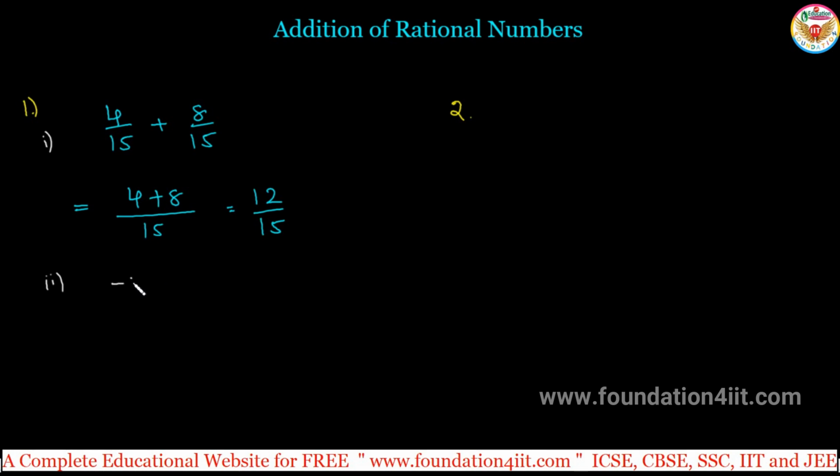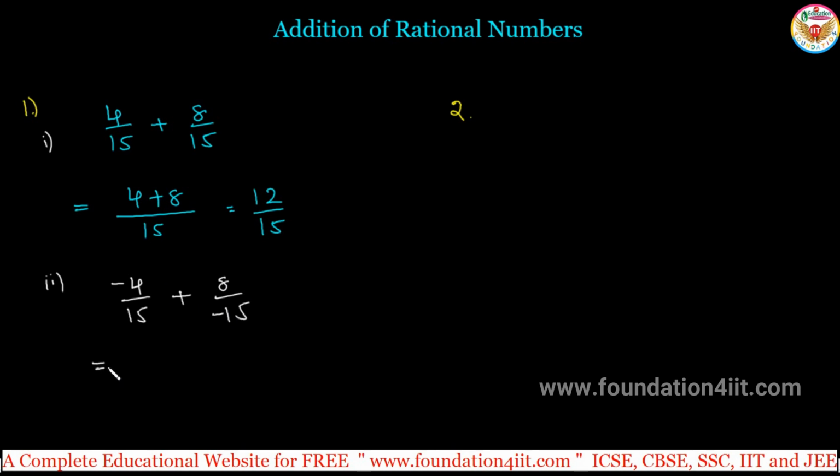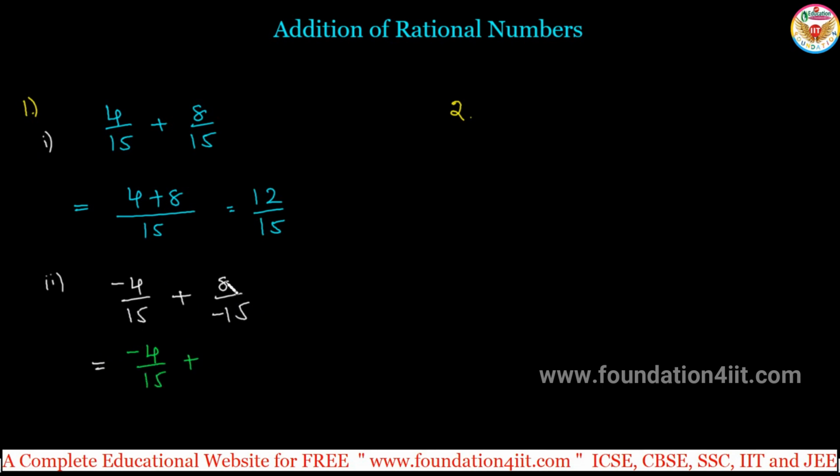And one more, not only positive, even negative also. Like negative 4 by 15 plus 8 by negative 15. So this we can make into same denominator. That means already it's same. 8 by negative 15 is negative 8 by 15, also same.